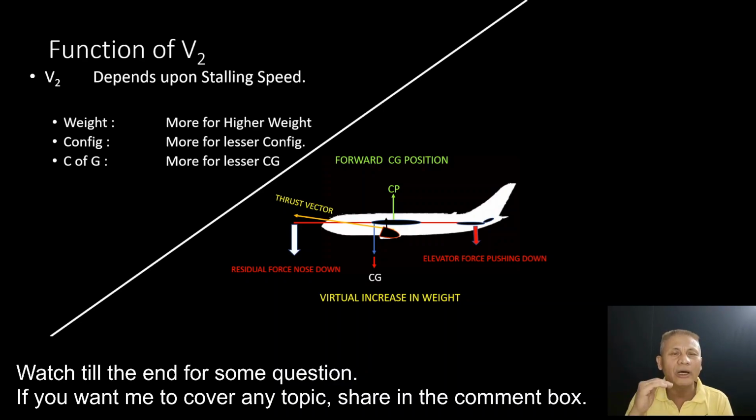Therefore, the total weight, that is the actual weight plus the virtual weight combined, will be more than the actual weight of the aircraft. As we have discussed earlier, if the weight of the aircraft is more, the stalling speed is going to be more. So therefore, my V2 will be increasing for a forward CG.